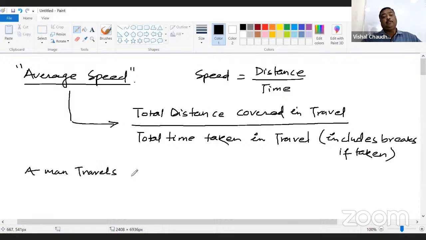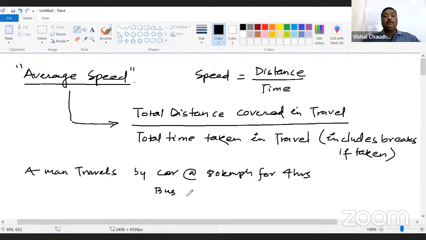Now see, suppose a man travels by car at 80 km per hour for 4 hours. Then travels by bus at 60 km per hour for 5 hours.